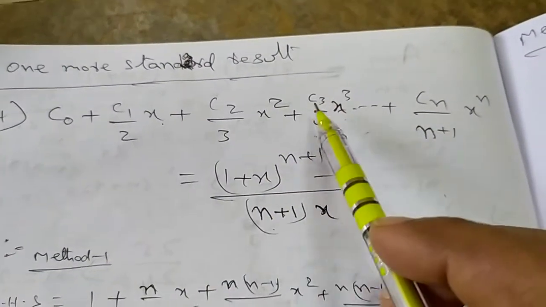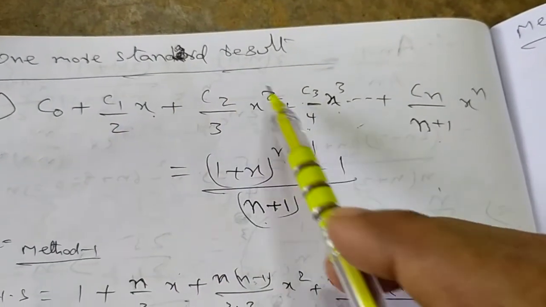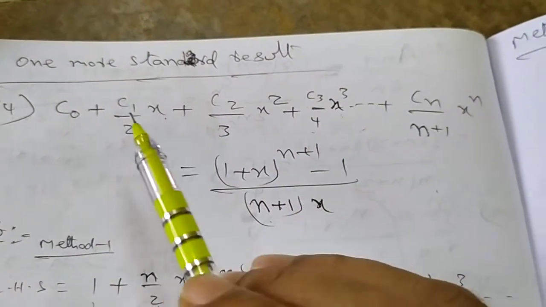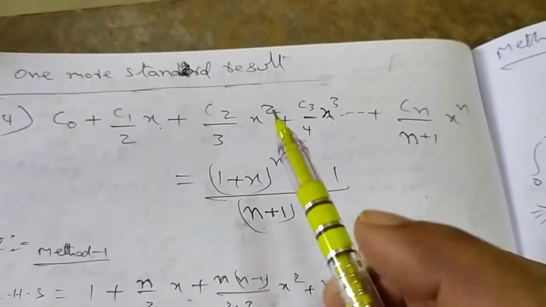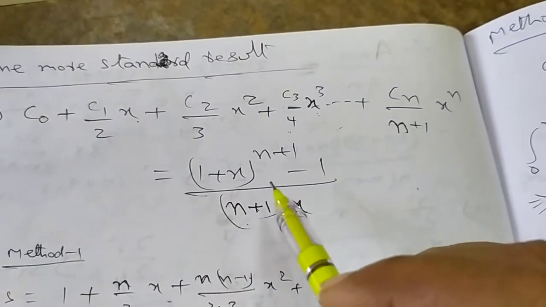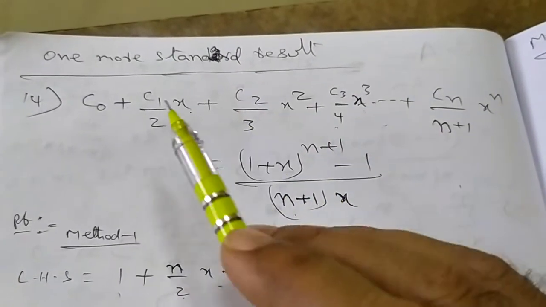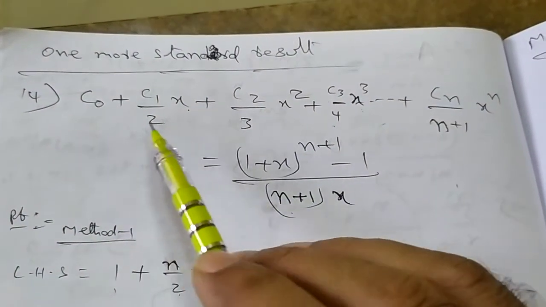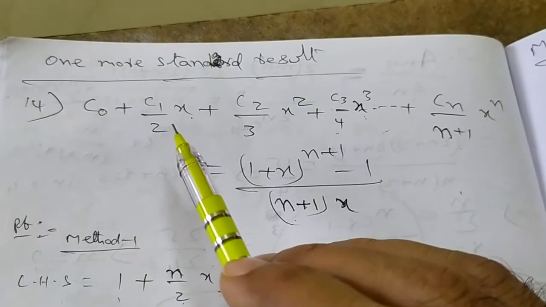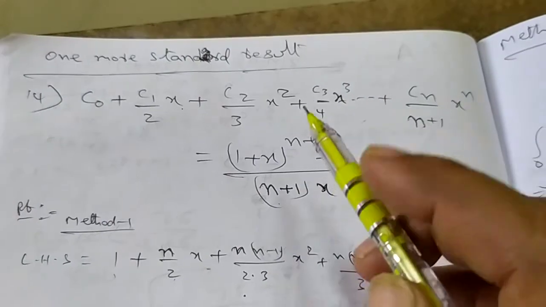And see the powers of x: suffix value 1, x power 1, suffix value 2, x power 2, suffix value 3, x power 3 and so on. So for these conditions, the formula is (1 plus x) whole power n plus 1 minus 1 by n plus 1 into x. But in some cases, the first term or first two terms are missing. In that case, we have to add and subtract the required terms, then we can apply this formula.